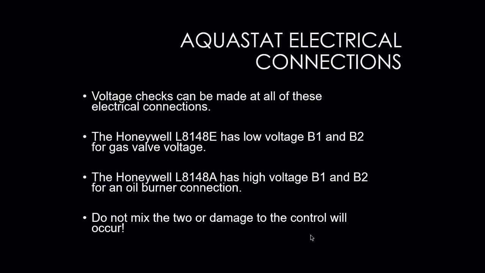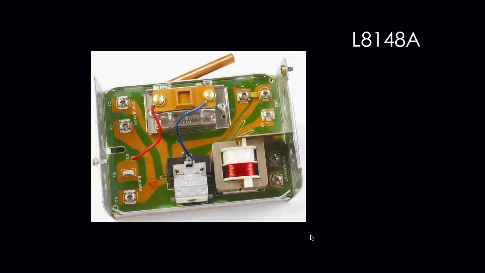Your 8148As, those are going to be most likely found on your oil-fired type boilers, because a lot of your oil burners are going to be working off of 120 volts. Okay, so we should never mix these two models, because obviously we can damage the control, we can damage the burners, we can damage the system.